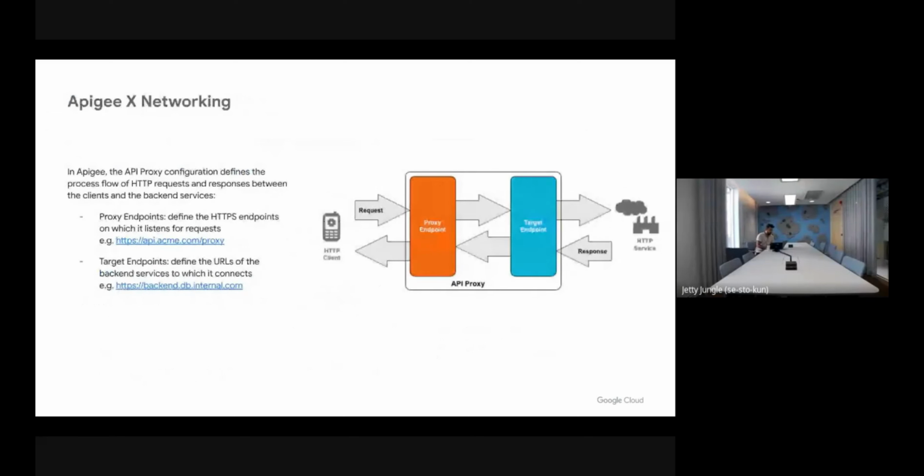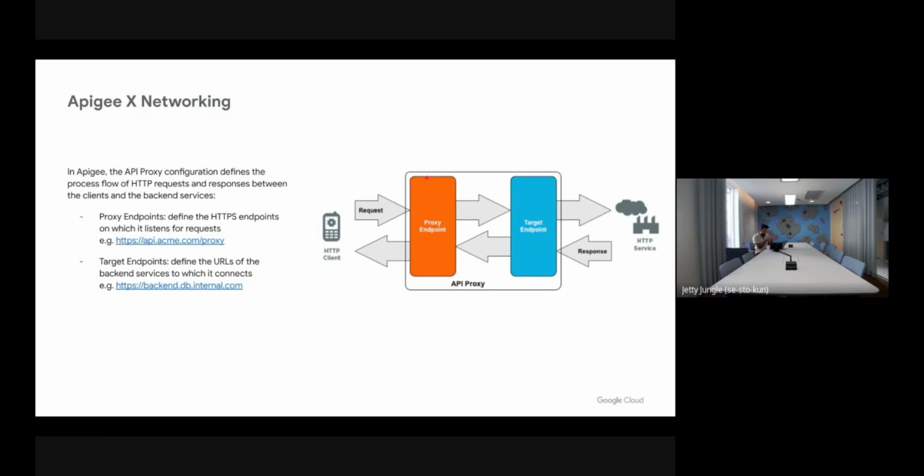Perfect. So coming to the networking part within Apigee. In Apigee, for the API proxies that Yariv was creating in his demo, you can see two categories.